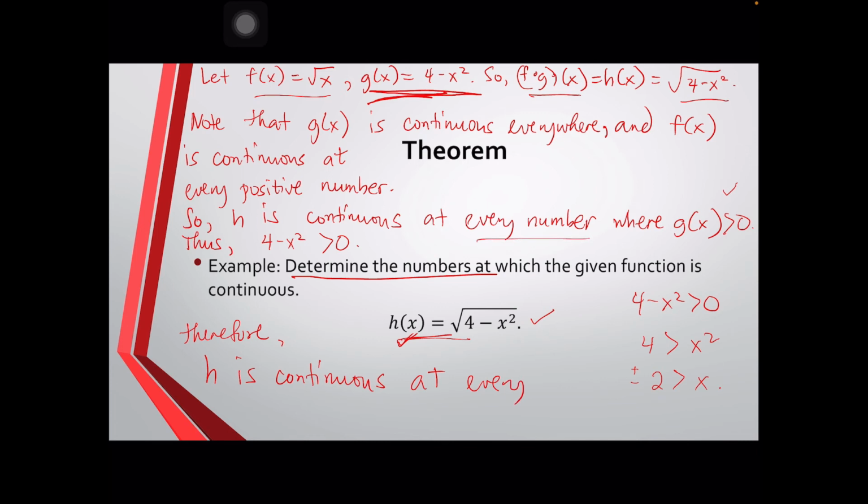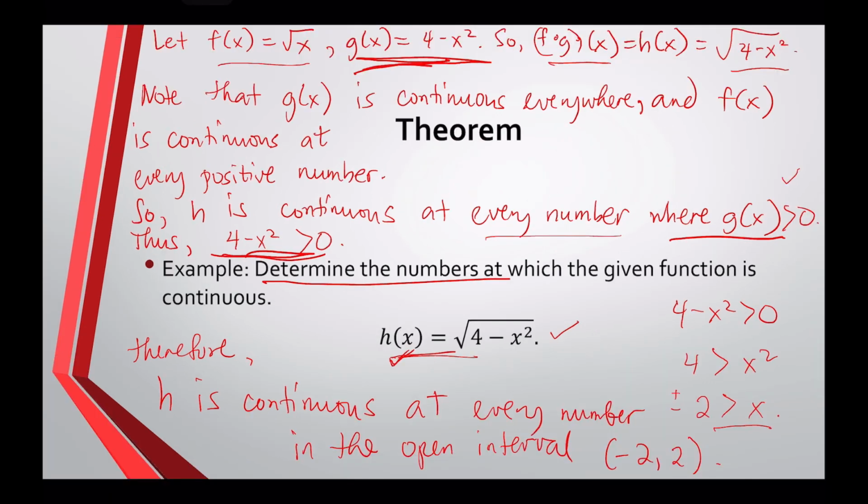where this happens, and it happens at every number in the open interval -2 until +2. Ma'am, why is it open interval? Open, meaning our -2 and our +2 wouldn't be included in the numbers that would make this given function continuous.